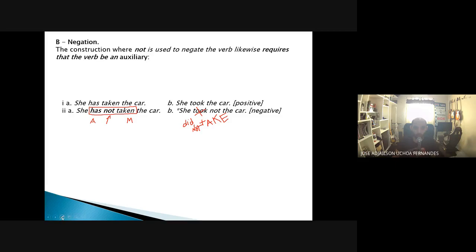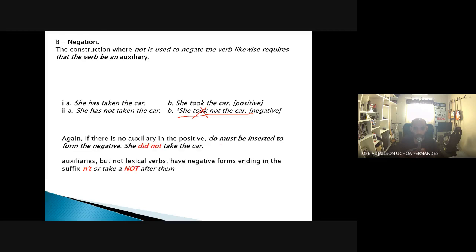So what we need here is to make the auxiliary appear in this ungrammatical sentence in order to correct it. So we use auxiliary verb, not, and the plain form of the verb.